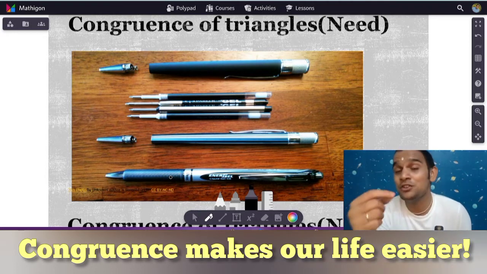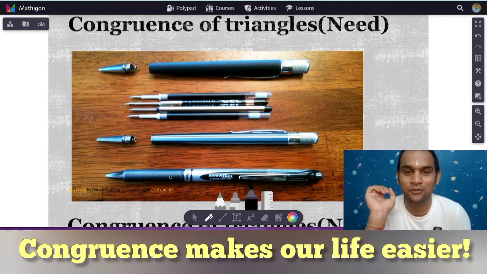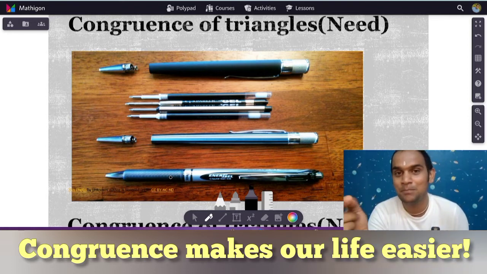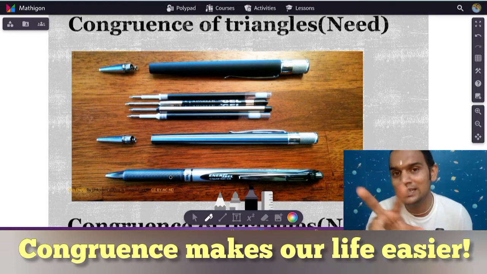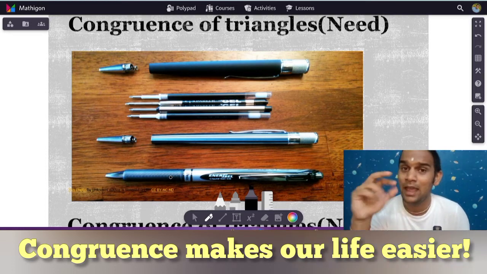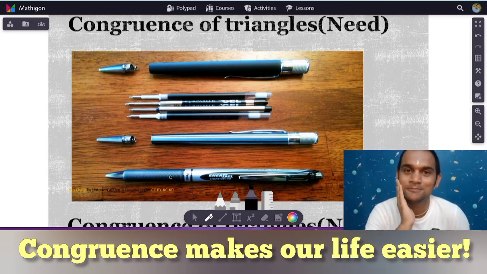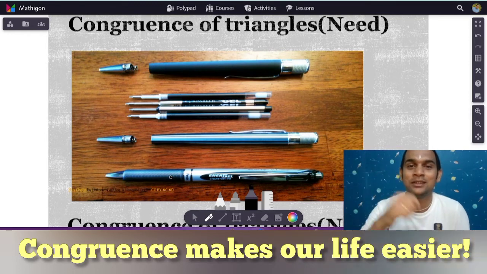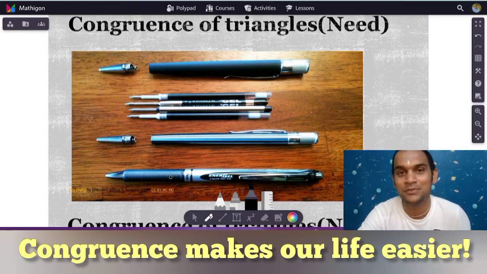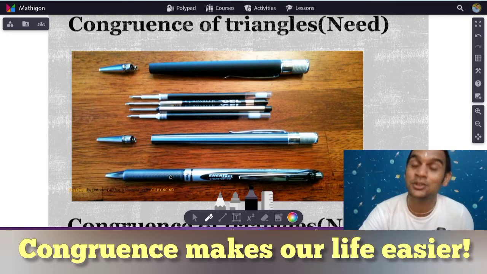Then the company which is manufacturing this pen and the refill must be very, very precise in calculating the size and shape of the refill. How much quantity of ink they have to put? Yes or no? That is where the rule of congruence comes in. Same shape and same size of the refill.